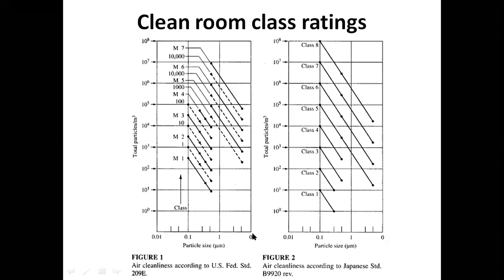So this is the particle size. Normally we could find out how much would be the number of particles. Let's say if we are asking how much would be the 1 micrometer particle in a clean room.